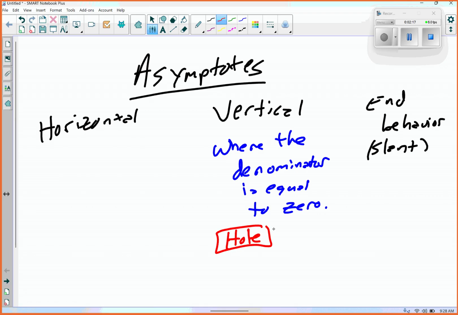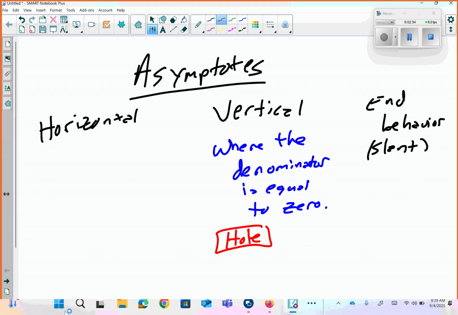A hole takes the place of an asymptote. So I want to show you first off what a hole looks like on Desmos, going to our favorite website.